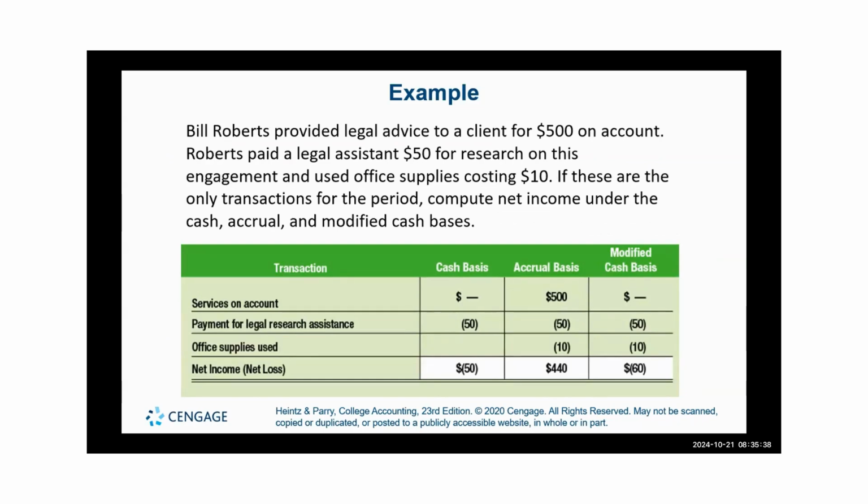Under the accrual basis, I can recognize this as revenue, and then I record my expenses, and I am in the positive for 440. Now, under modified cash, I can't recognize the revenue when I earned it. I've got to wait till they pay me. But I recognize office supplies that I used and paying my research assistant. So I'm in the hole $60. Okay.